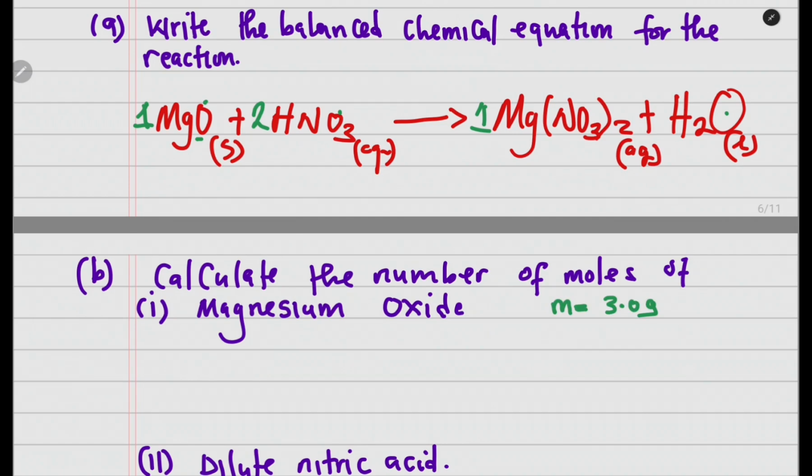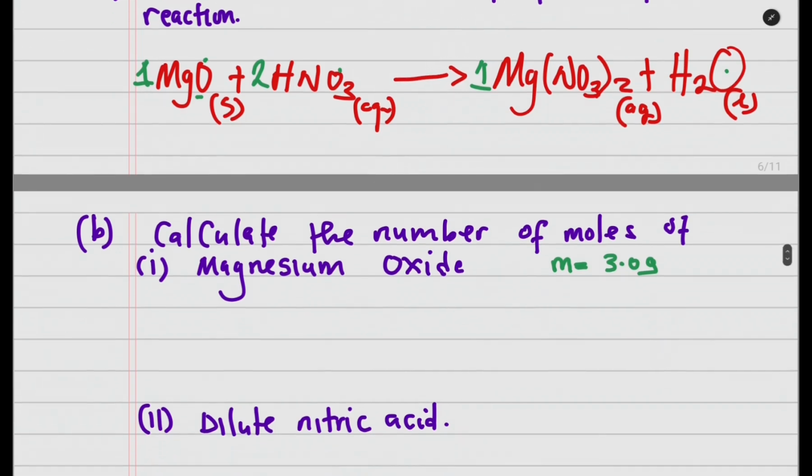What should link in your mind is, what formula do we use when we are given number of moles? And you know surely that number of moles, if you are given mass, is equal to given mass over molar mass. In this case, the given mass is 3.0 gram, divided by the molar mass of magnesium oxide.